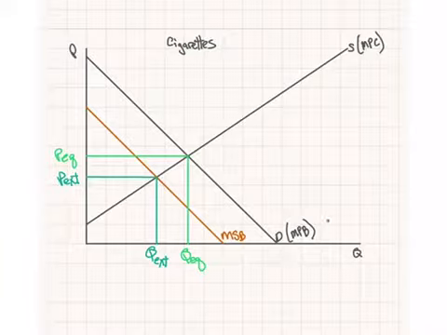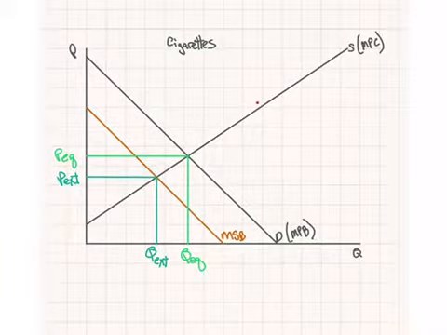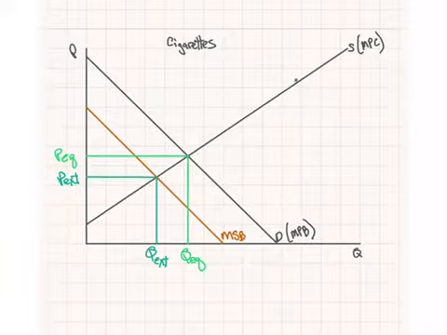Similarly, we can also say that suppliers would only supply an increased quantity of cigarettes if the price went up enough to cover the costs of producing those additional cigarettes, right? That's why the supply curve slopes up to the right.